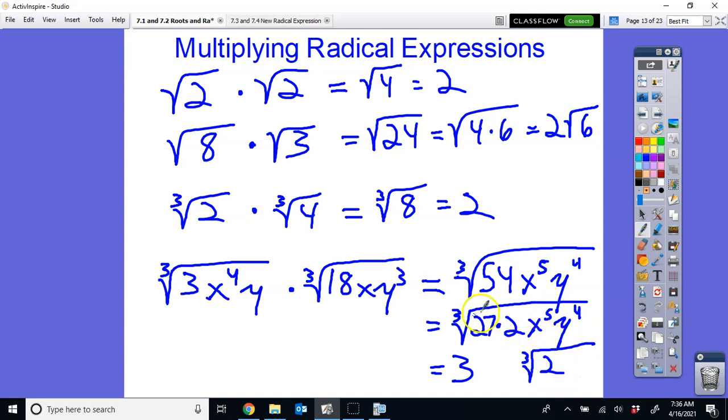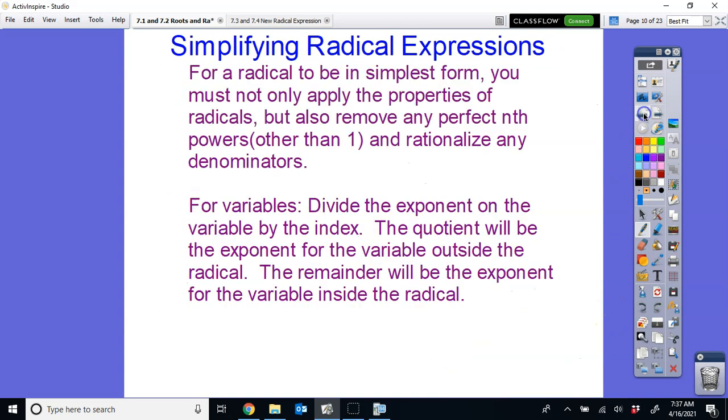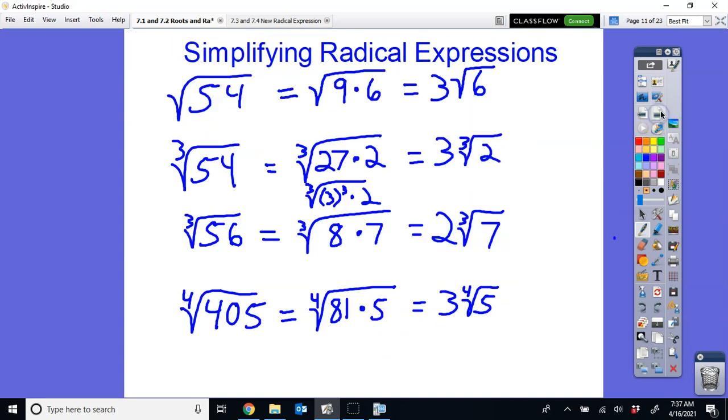X to the 5th here. 3 goes into 5 once with 2 left over. 3 goes into 4 for the y once with 2 left over. So the number of times that it goes into the variable's exponent becomes the exponent for the variable on the outside, the quotient. The remainder is the exponent for the variable inside the radical.